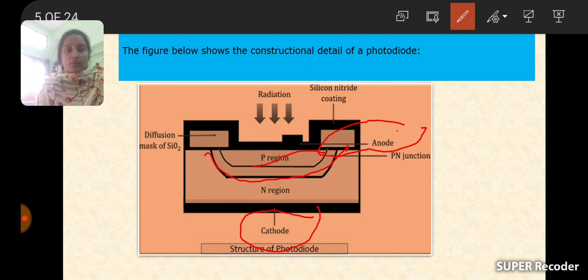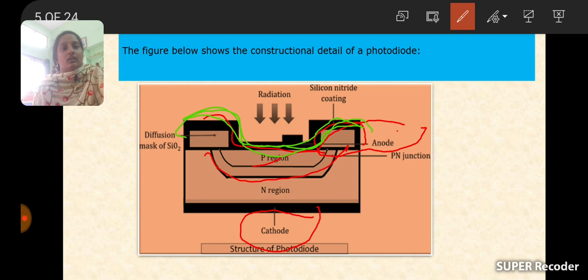And above the P region we diffuse a layer of silicon oxide, SiO2. So which layer is diffused? SiO2 layer, silicon oxide. See here, over which there is a silicon nitride coating.